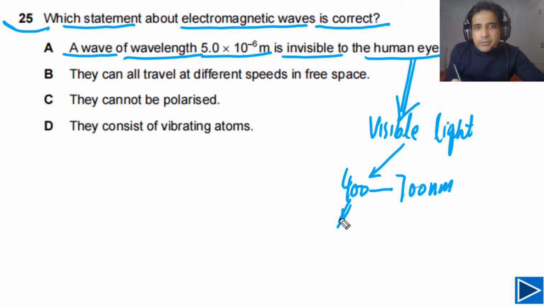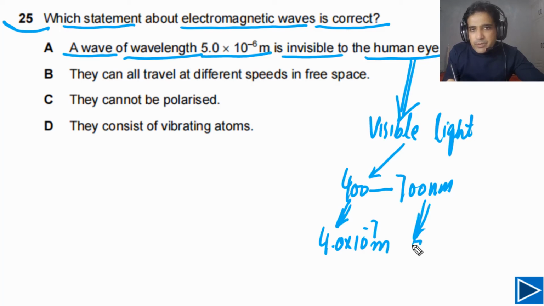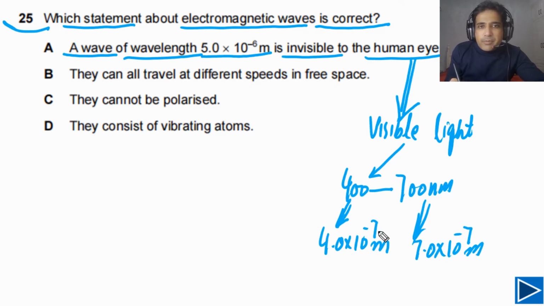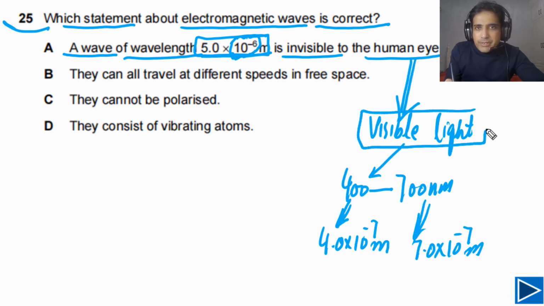We can convert this into meters, so this will be equal to 4.0 times 10 to the minus 7 meters, and this one will be equal to 7.0 times 10 to the minus 7 meters. But now if we compare this with the given wavelength, this has a power of 10 to the minus 6. So this wavelength is longer than the visible part of the electromagnetic spectrum, so we cannot see that.